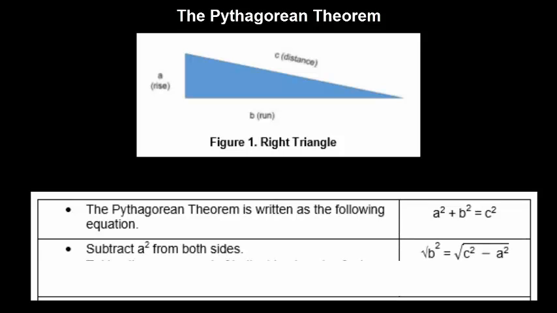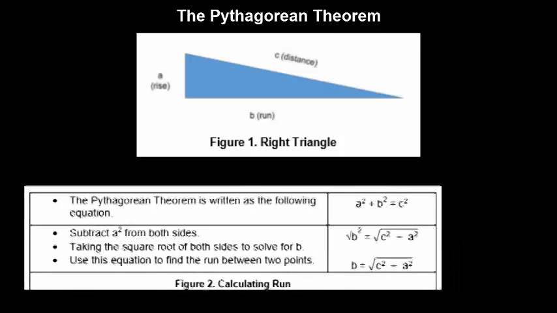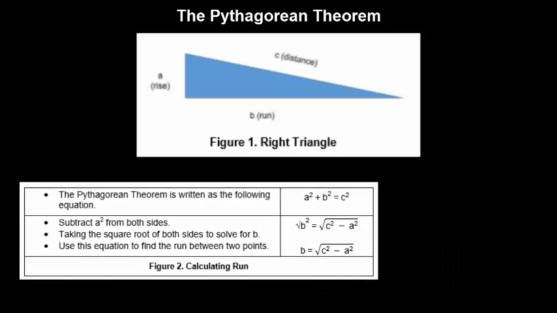Subtract a squared from both sides. Take the square root of both sides of the equation to solve for b. Therefore, if the rise or elevation change between 2 points represented by A is 10 feet, the surface distance or hypotenuse is 85 feet, represented as c.